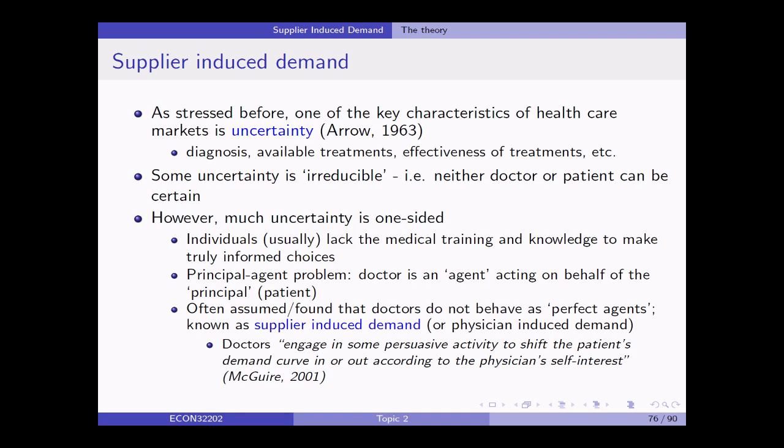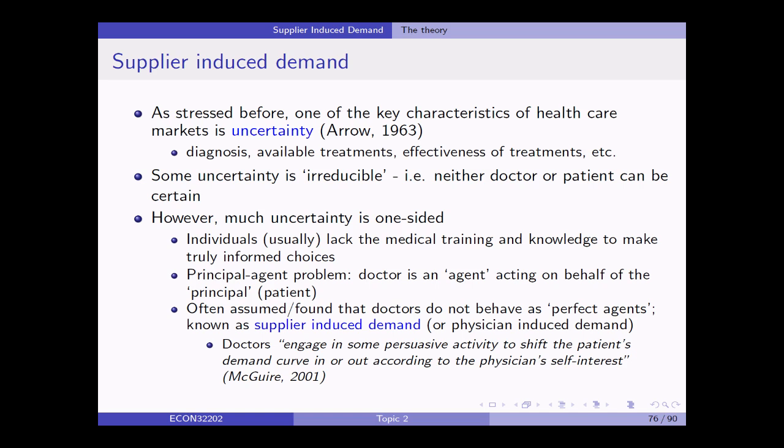But essentially it's often assumed that doctors, medical professionals don't behave as perfect agents. So a perfect agent would recommend the advice to you that they themselves would have. So basically they should act exactly in your interests. But there's some evidence to suggest that doesn't happen. Medics want to promote their own utility, their own income, so they can recommend treatments that you don't really need.